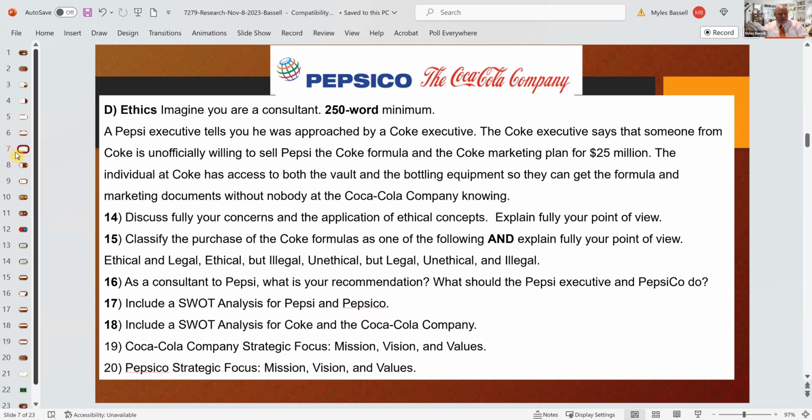And on my desk is the marketing plan for Coke. I could sell this to somebody. I could sell this to somebody at Pepsi for probably $25 million. What do you think? Is that okay? I mean, what would you do?